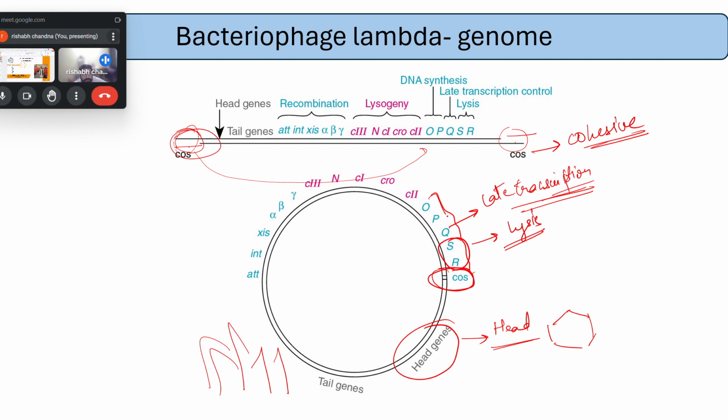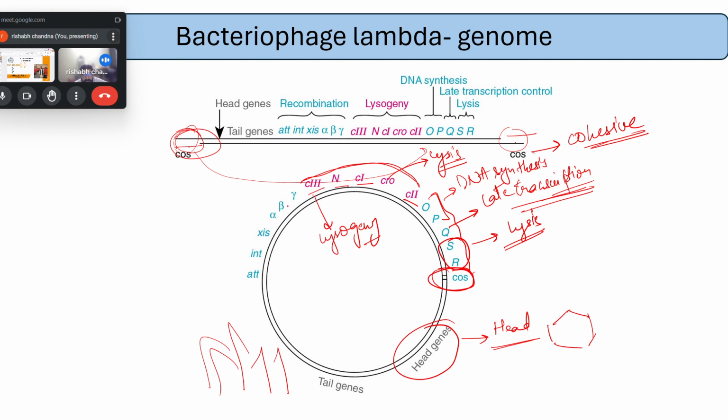Then we have OP genes that are involved in DNA synthesis or replication. So now these proteins, okay, out of these, C3, N, C1, and C2 are basically involved in lysogeny, and Cro proteins are important for lysis.